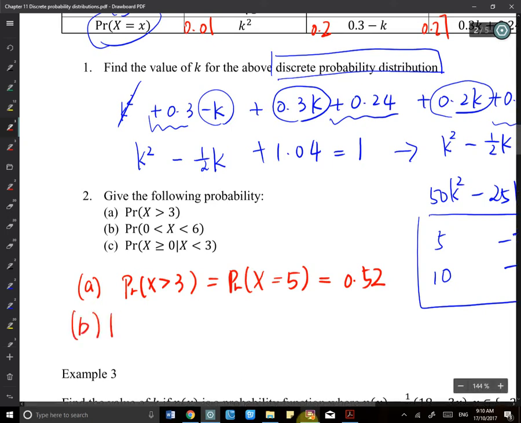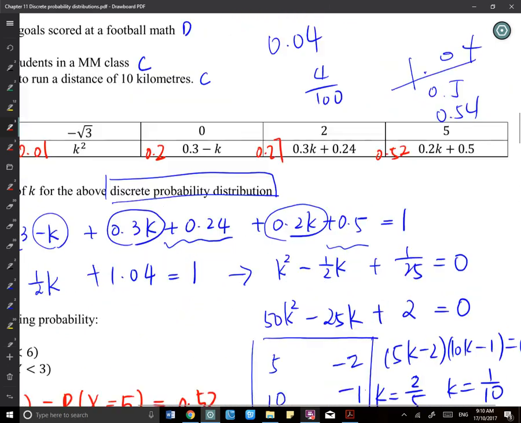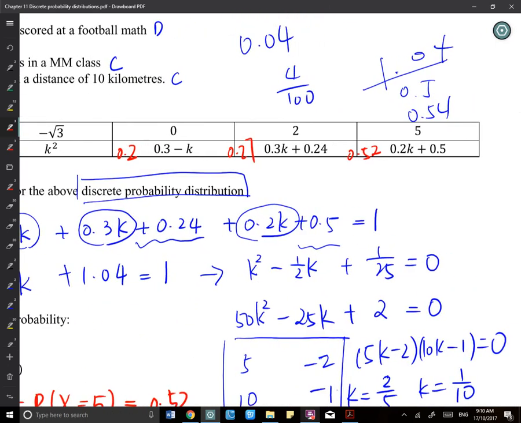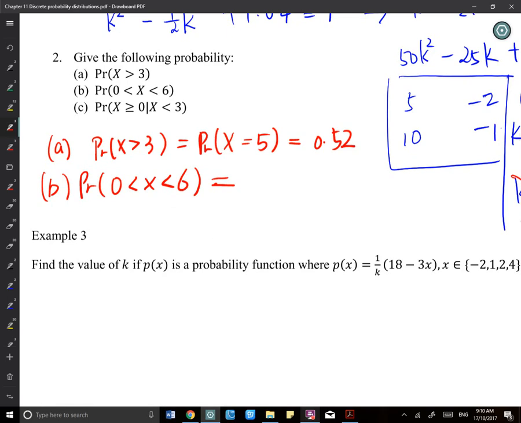For B, probability in between 0 to 6. What values are satisfied? Can I take 0? No, it says greater than 0. You can't take 0. There's no equal sign there. I can't take 0.